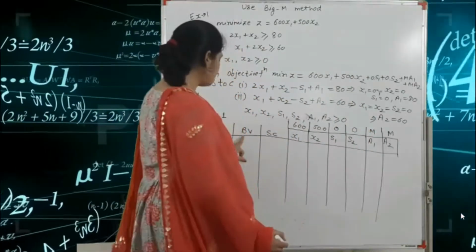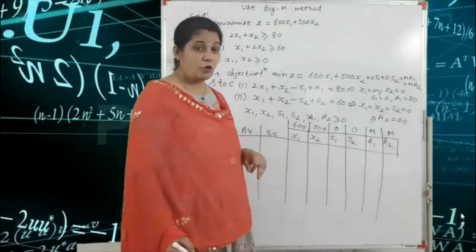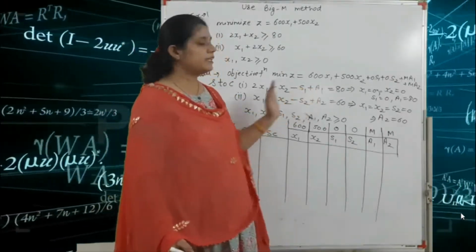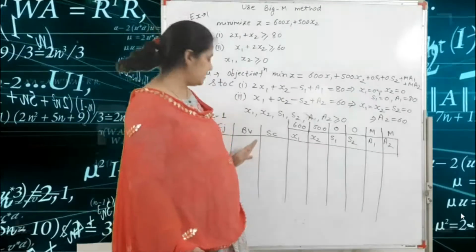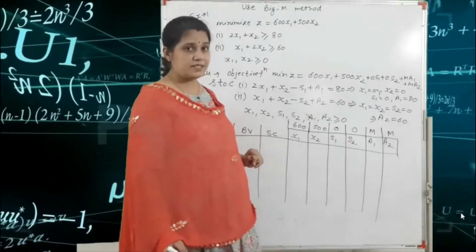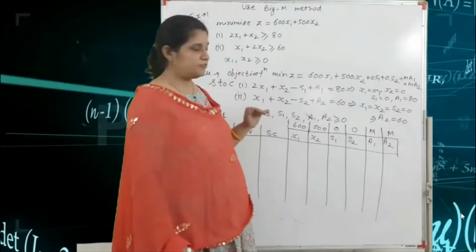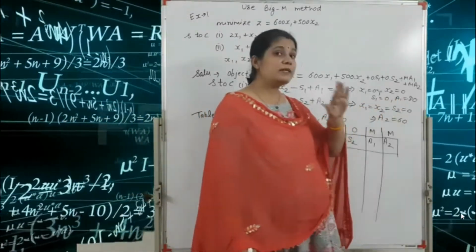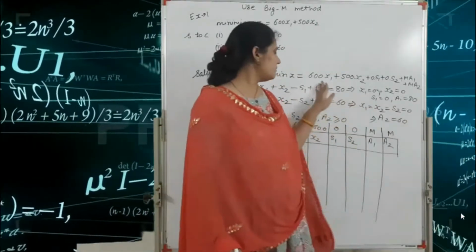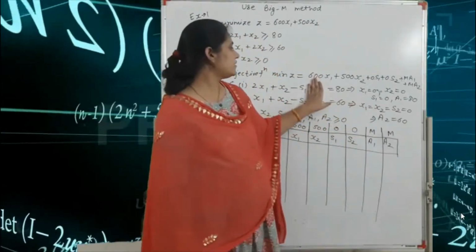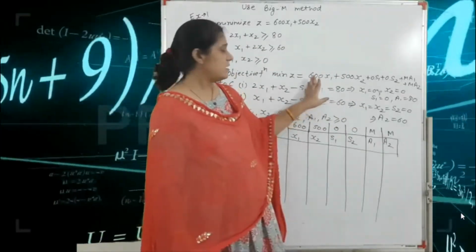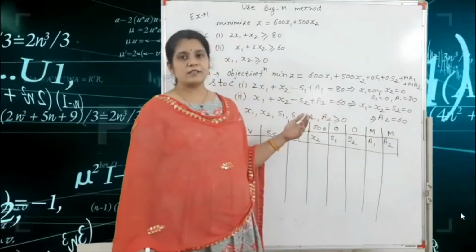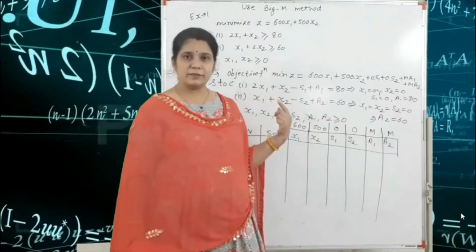Now for the basic variables. Sometimes students write s1, s2, a1, a2, all these as basic variables. But don't be confused here. We write only the positive values. If we don't write a1 and a2 in the basis, the values of s1 and s2 would have a negative sign, which is not applicable according to the linear programming problem.